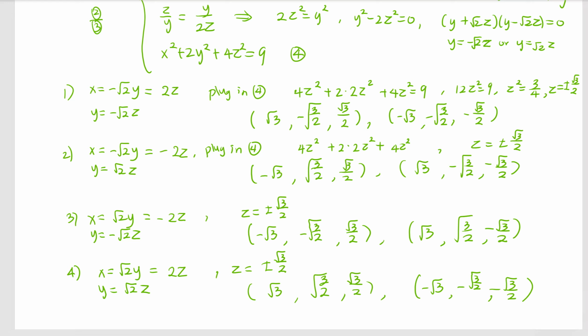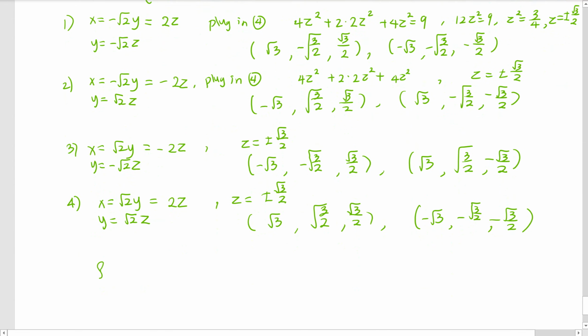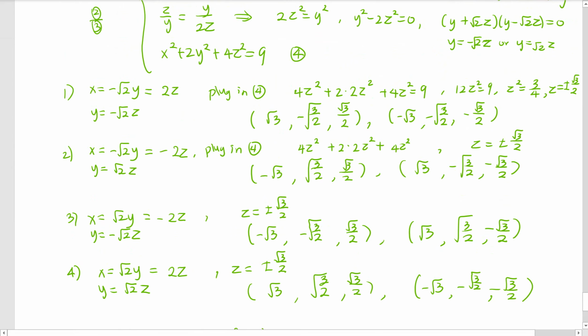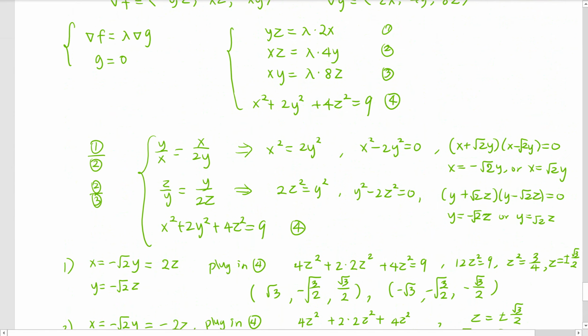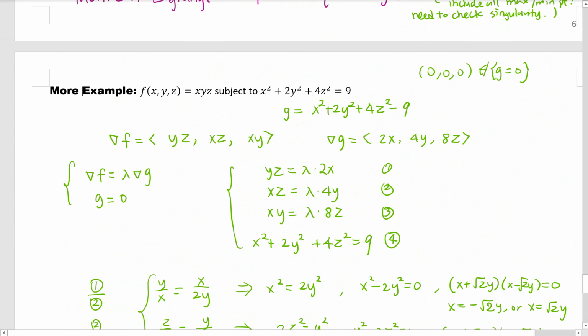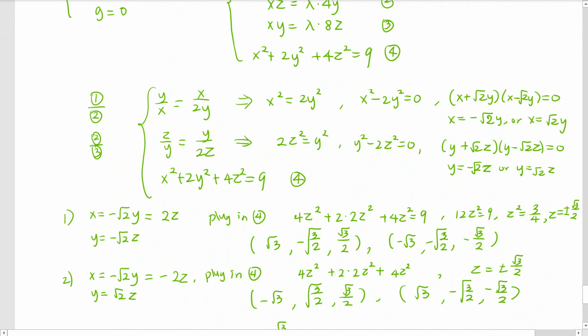So we have 8 points that we need to check the f value. Okay, so let me use a different color. What is my f? So our f is x times y times z.